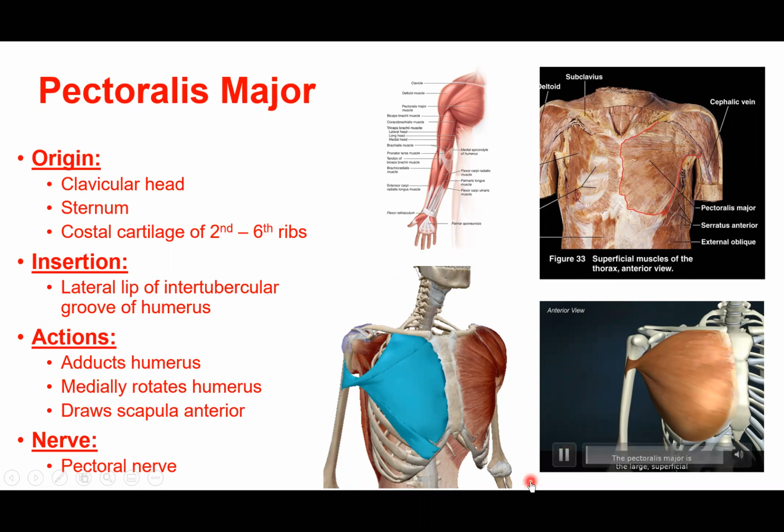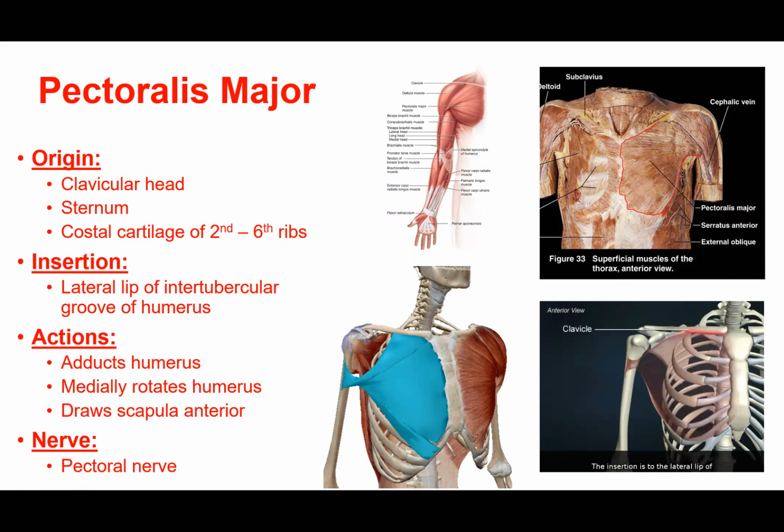The pectoralis major is the large superficial muscle of the arm located in the anterior thorax. It may be separated into two groups of fibers, superior or clavicular and inferior or sternocostal. The origin of the superior or clavicular fibers is from the anterior surface of the medial one-half of the clavicle.